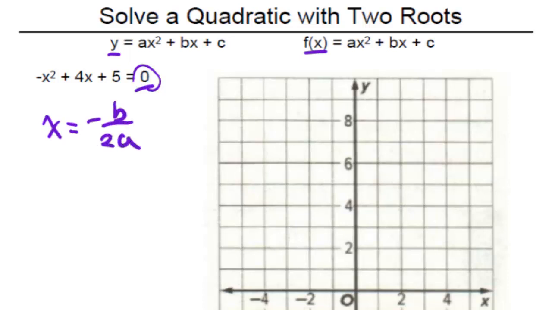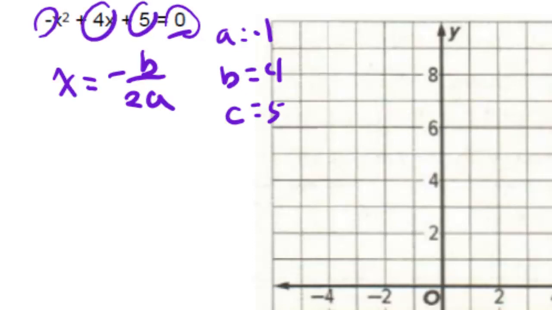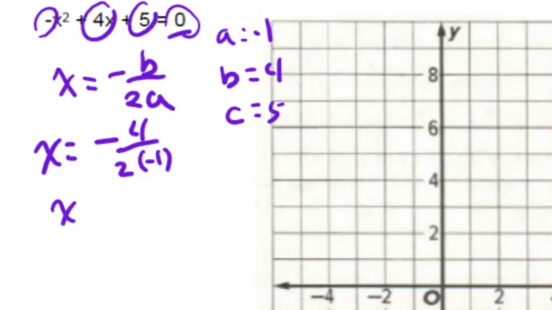So my a value is -1, my b value is 4, and my c value is 5. I found those numbers here, here, and here. So the axis of symmetry is going to be the opposite of the b value, which is 4, over 2 times the a value, which is -1. So this comes out to -4 over -2, which is just 2.